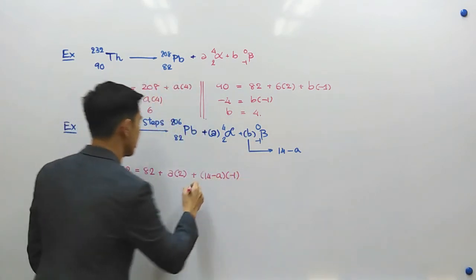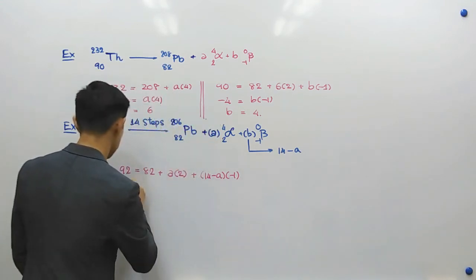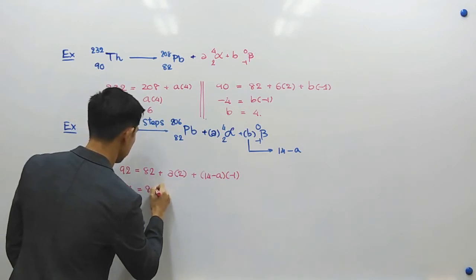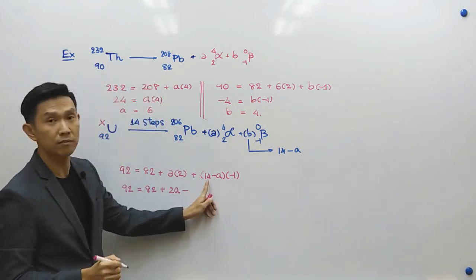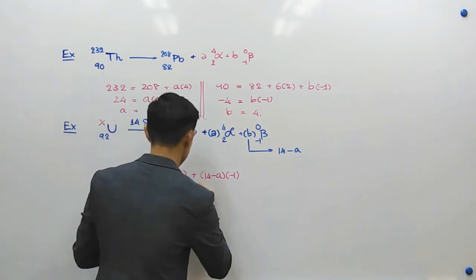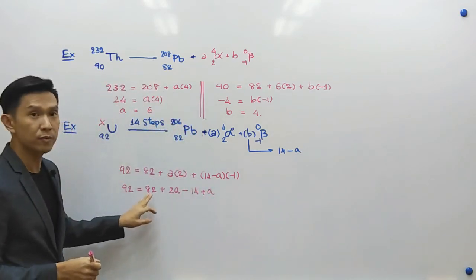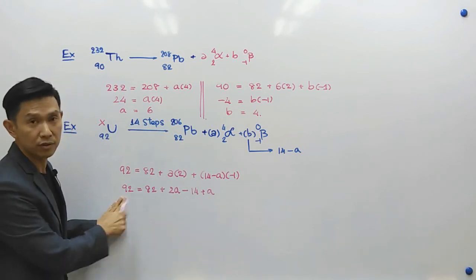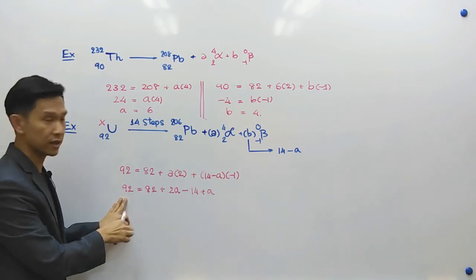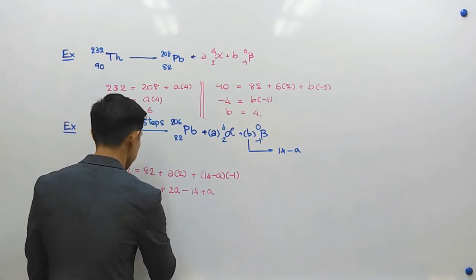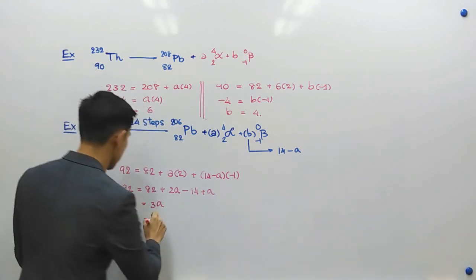So this can be calculated as 92 equal to 82 plus 2A plus minus 1 multiplied by 14, so it's minus 14 and then plus A. From here, if you move 82 back to the left-hand side, it's 10, right? And moving 14 to the left-hand side, 14 and 10 is 24. So 24 is equal to 3A. This means that A is equal to 8.